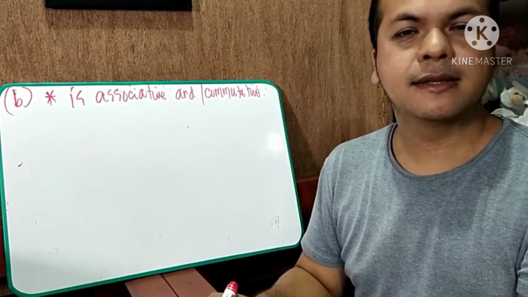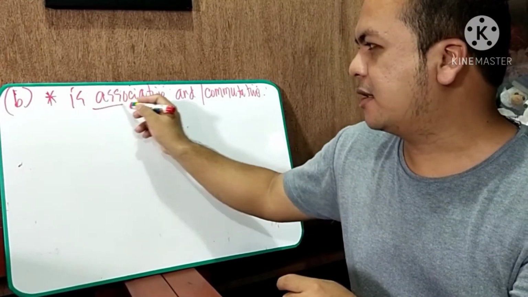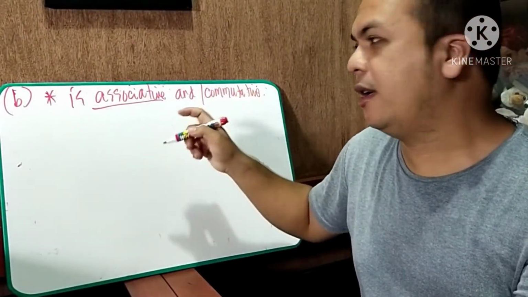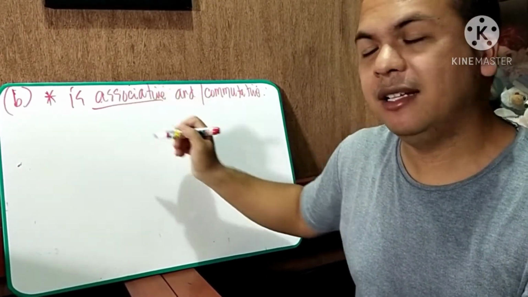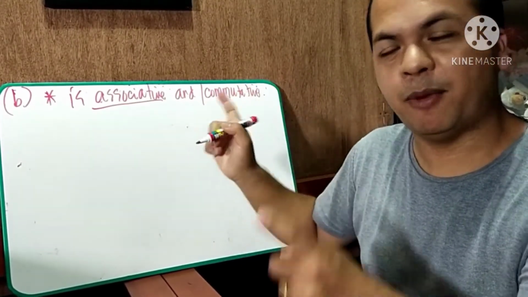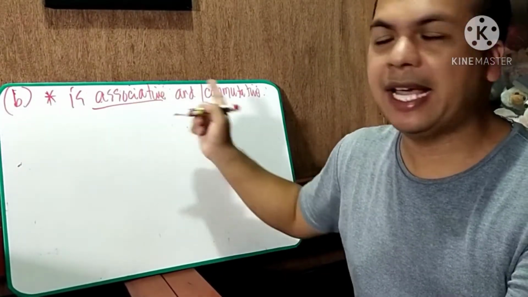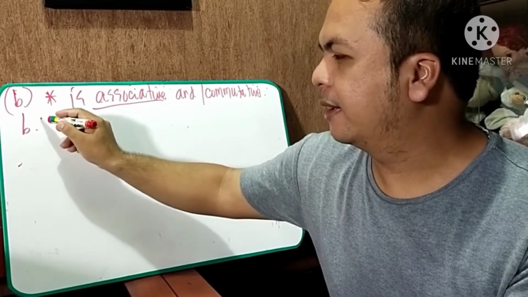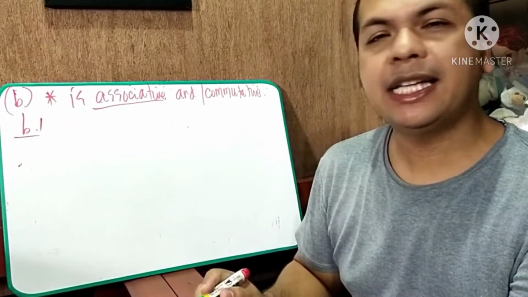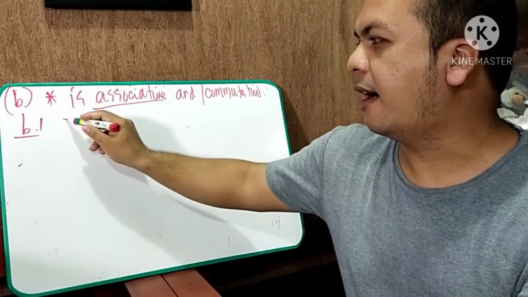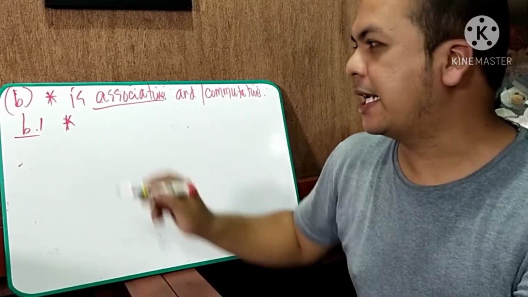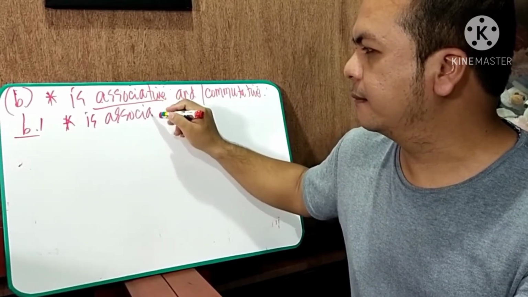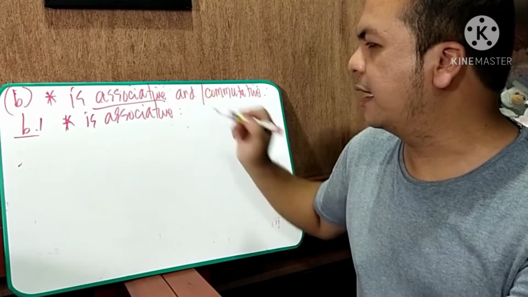Okay. So, alamin natin, is it associative and commutative or associative lang siya, commutative lang siya, or both, no? Or both associative and commutative. Una, let's have ipakita natin, or alamin natin na yung star, itong binary operation star is associative. Okay.